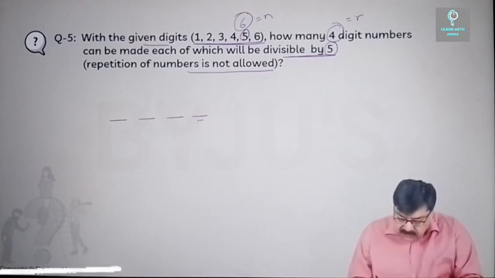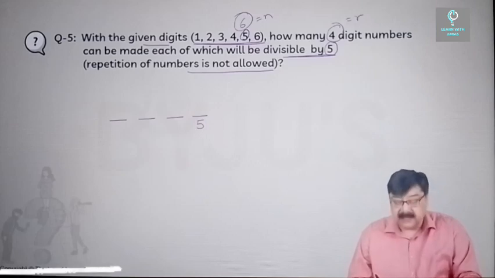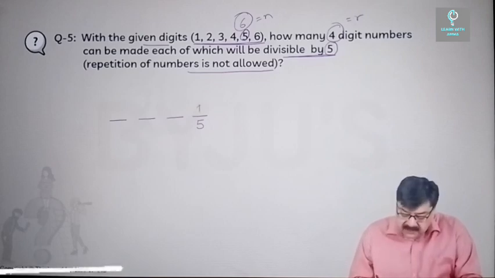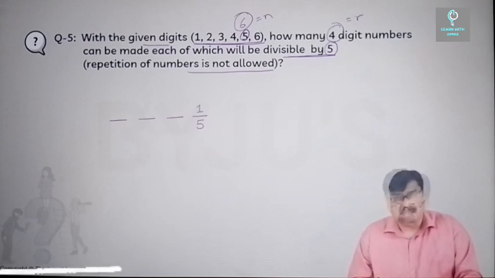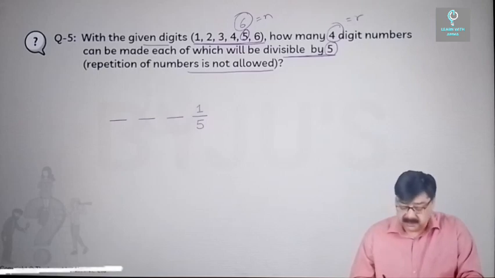So for sure in the last place, that is in the units place, we must position the digit 5. So that means we have only one choice, that is digit 5, to fill in the units place. So 1 digit occupied here. Out of 6, 1 gone, so 5 digits remaining.